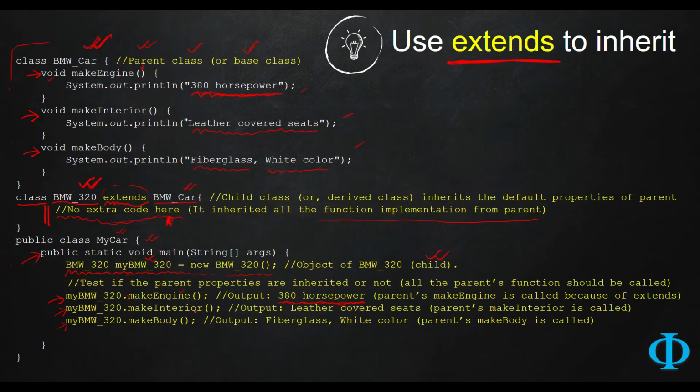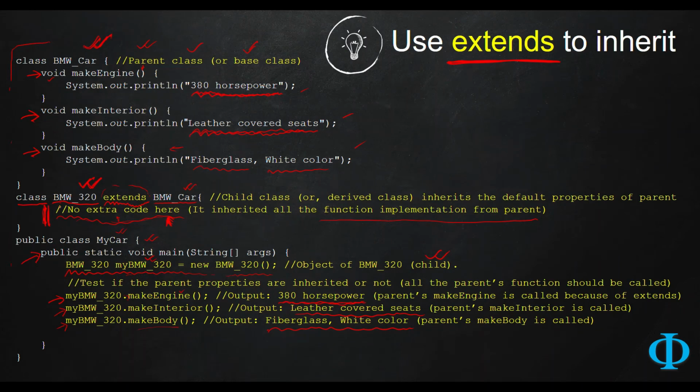And although make interior is not implemented separately inside this child class, it is printing leather covered seats, which means it is using the default implementation from the parent. Similarly, the make body function, although it is not implemented inside this my BMW 320 child class, still accesses the default parent implementation and prints fiberglass and white color.